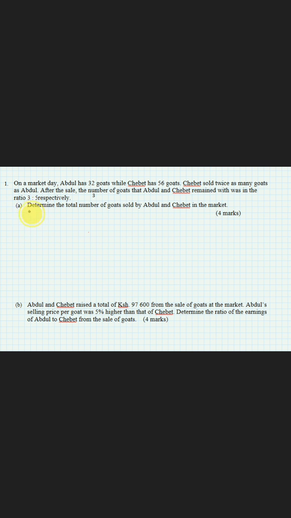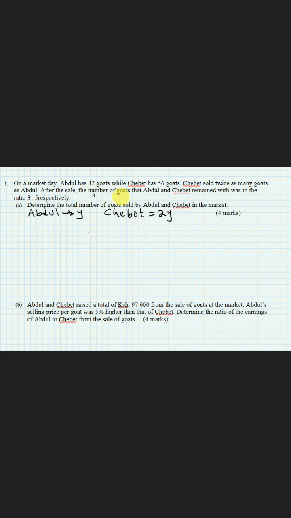So let's say Abdul sold Y goats. If Abdul sold Y goats, we are told Chebet sold twice. So Chebet sold 2Y because it is twice.